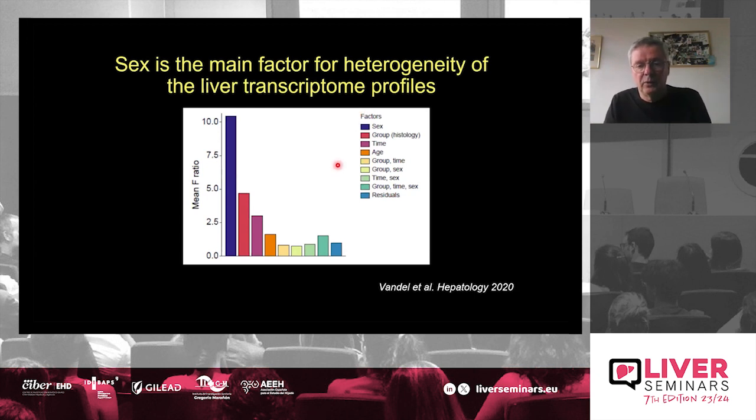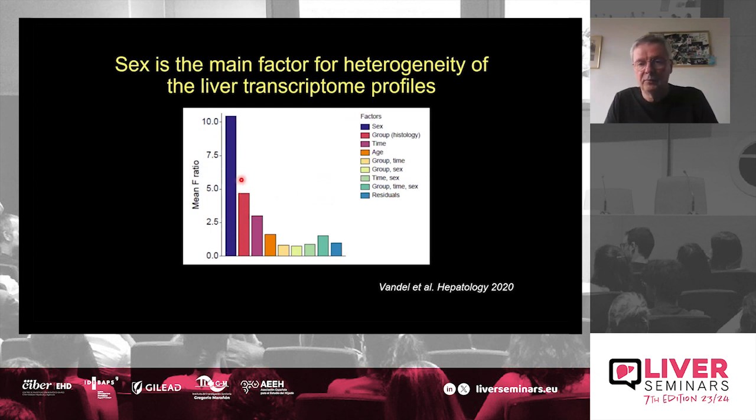And we were very surprised because, as you can see on this slide, whereas histology is an important factor of heterogeneity, because, as I showed you, we have all the groups of the NAFLD spectrum in this cohort, very interesting, the most important factor was sex.